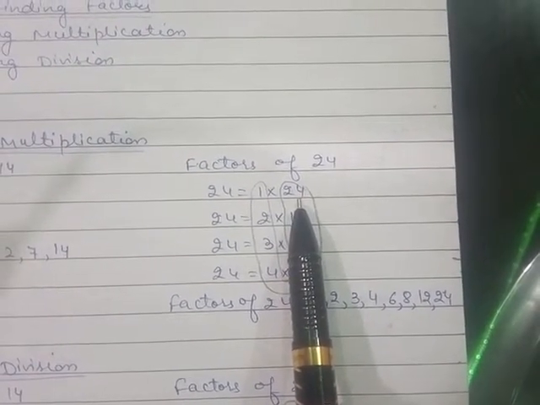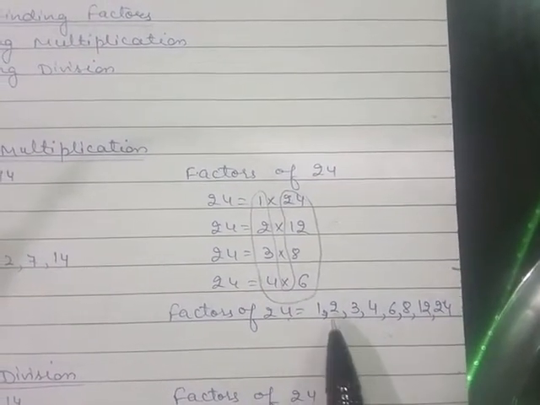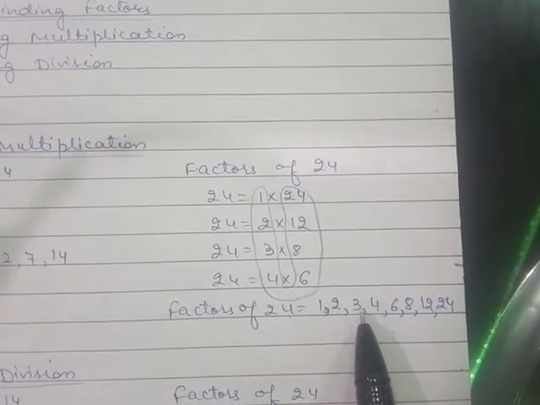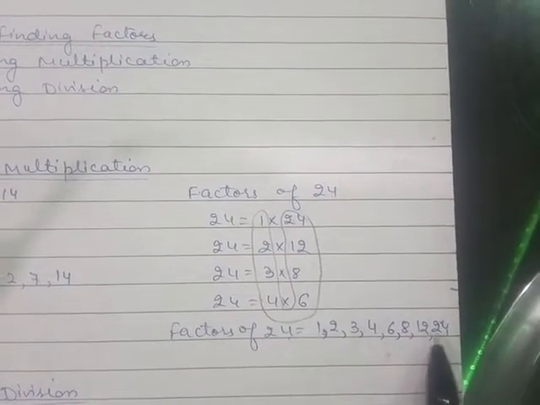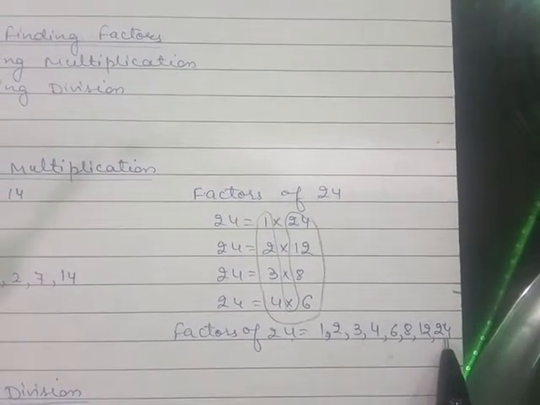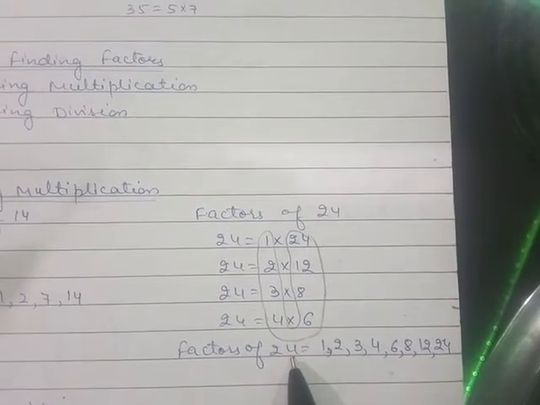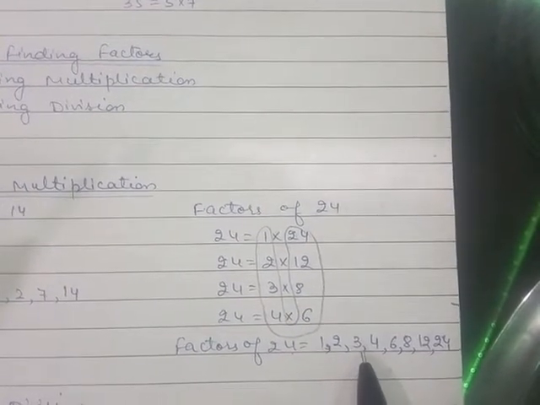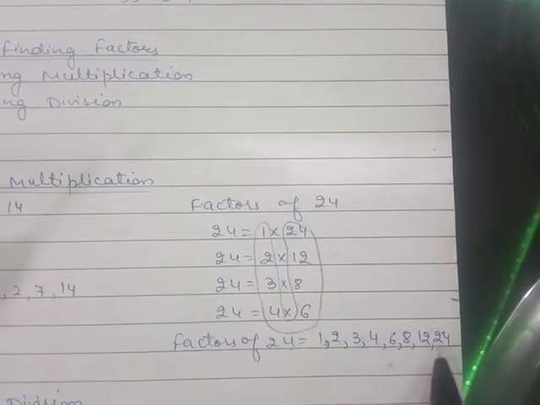Or we can say 24 is a multiple of 1, 2, 3, 4, 6, 8, 12 and 24.